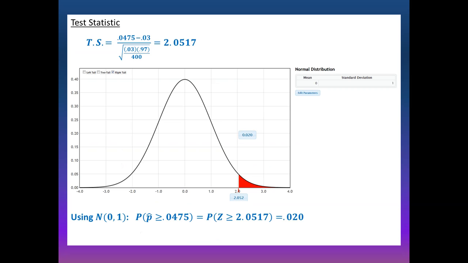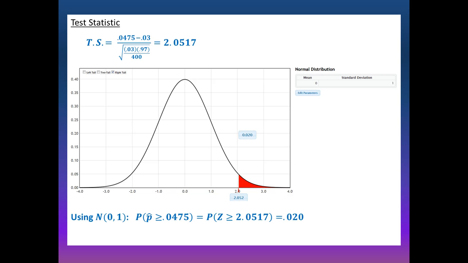The other way of computing the p-value would be to use the test statistic. There's the test statistic computed without rounding off any intermediate steps. I took the p hat 0.0475 and standardized it, and I got 2.0517. And since I'm using the test statistic as the cutoff, I need to be using the standard normal distribution as a reference. So if you look toward the right side of the screen, I've got a mean of 0 and a standard deviation of 1.